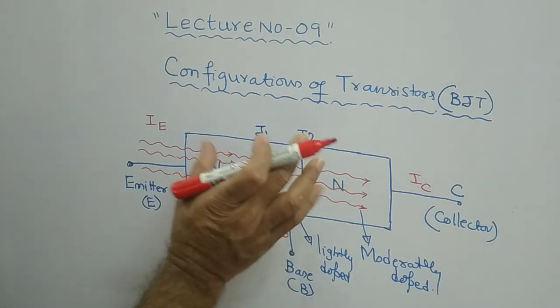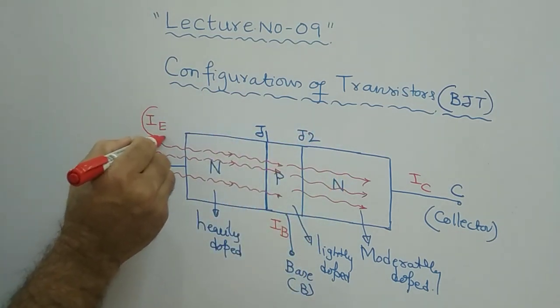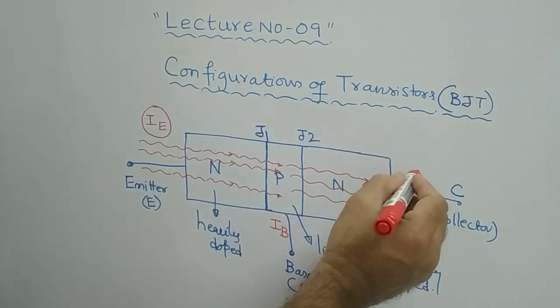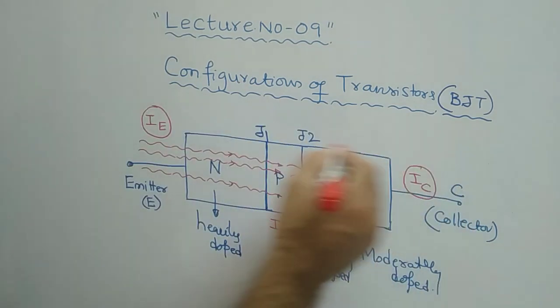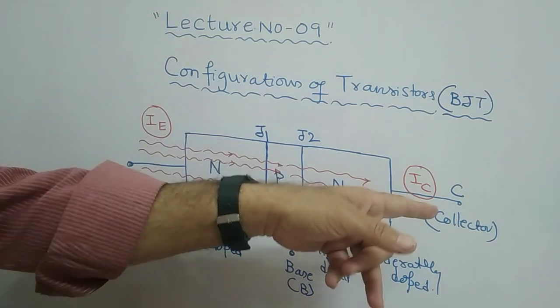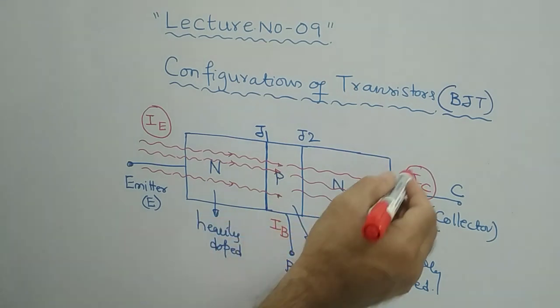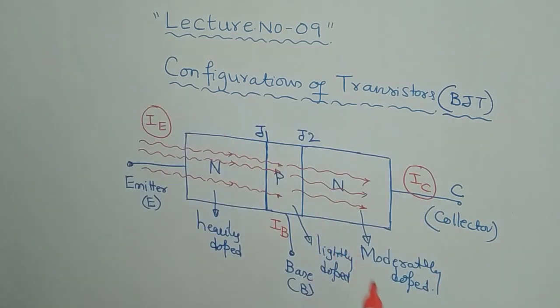As far as this picture is concerned, you can treat IE as the input current and IC as the output current, because this is the input terminal and this is the collector output terminal. Now I am going to give a relation between IC and IE.